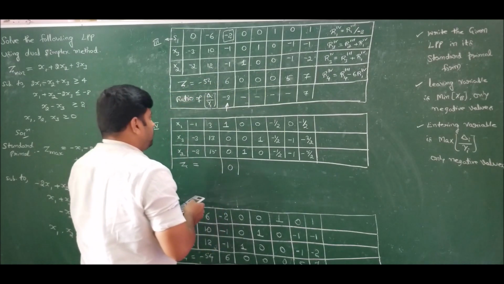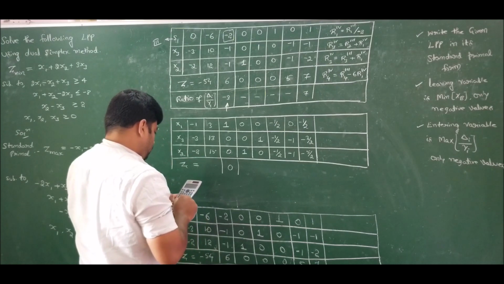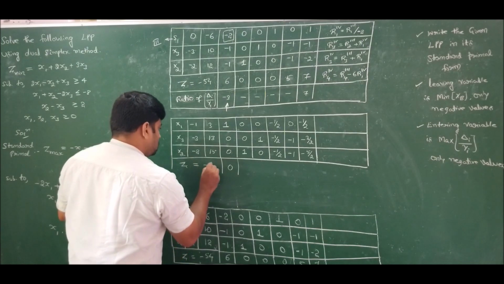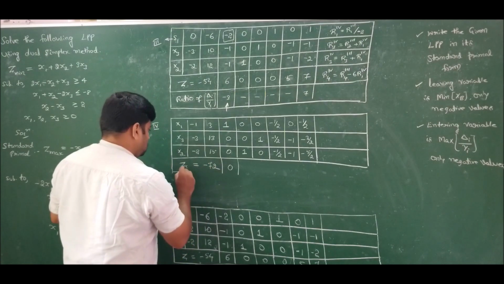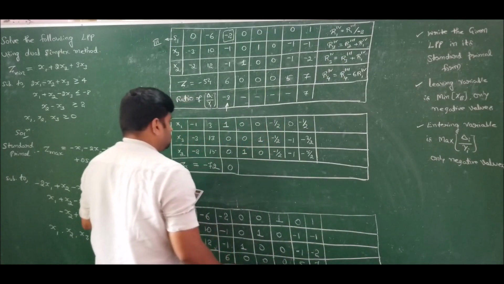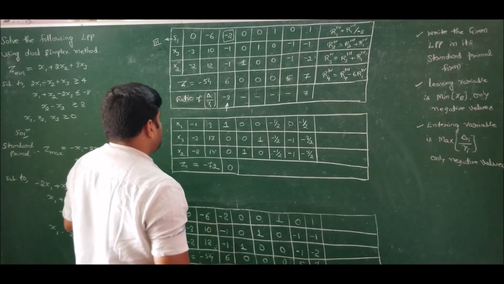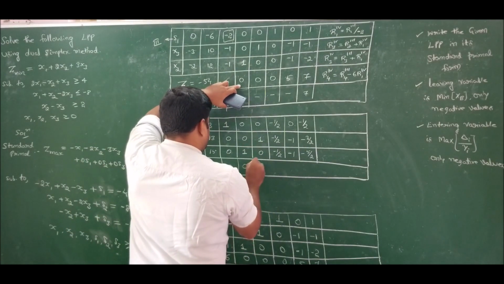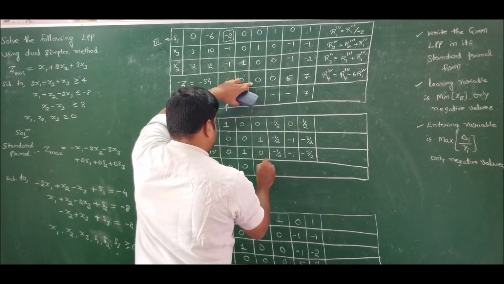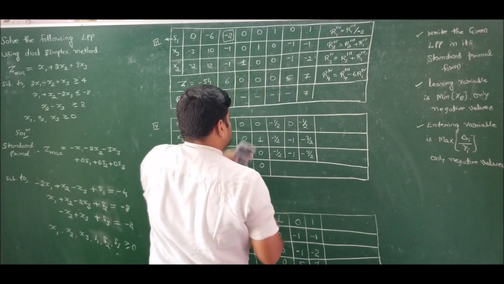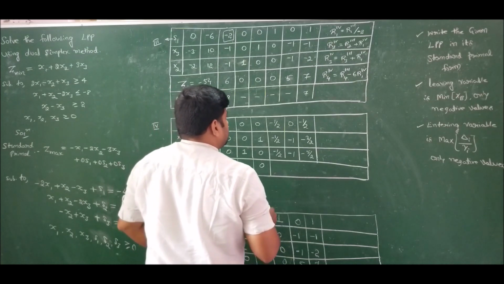Minus 54 minus 6 into 3 is minus 72. We have 0. Here also we have 0. Here also we have 0. We have minus 2. Minus 2 minus 6 plus 6 by 2 is plus 3.